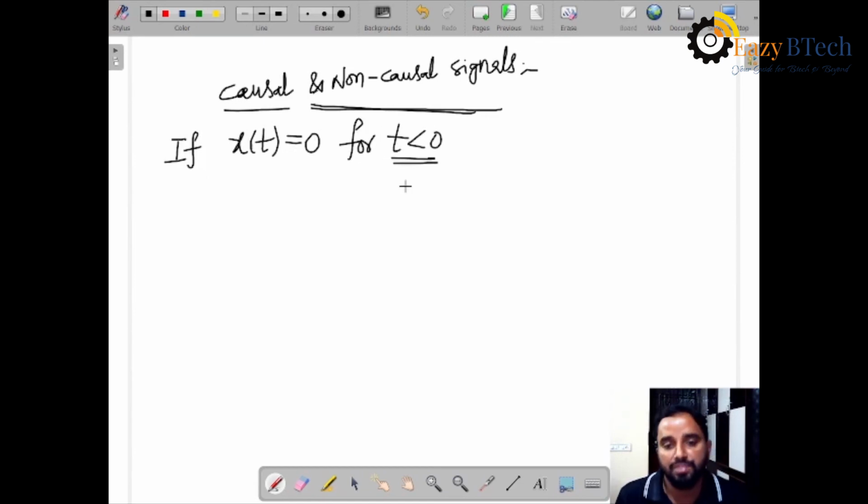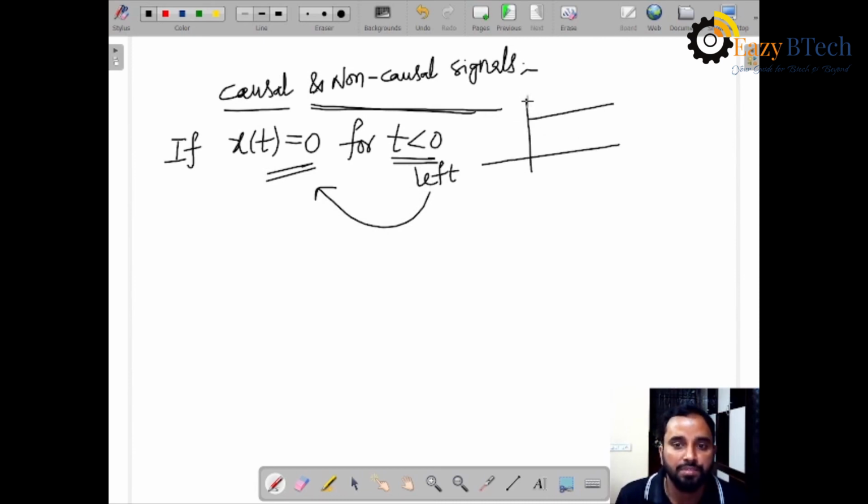So t less than 0 means left side, the signal should be 0. See the example. The unit step function u of t. For t less than 0, it is 0, right? So it is causal.